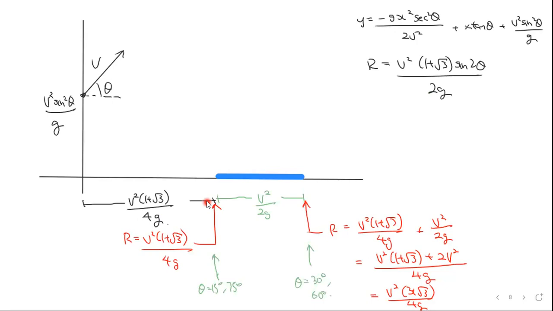Now, what does that mean for your answer then? Well, remember what we discussed before when we were talking about range in general? The range of a projectile increases up to 45. So when you're going from 0, it's presumably very short.